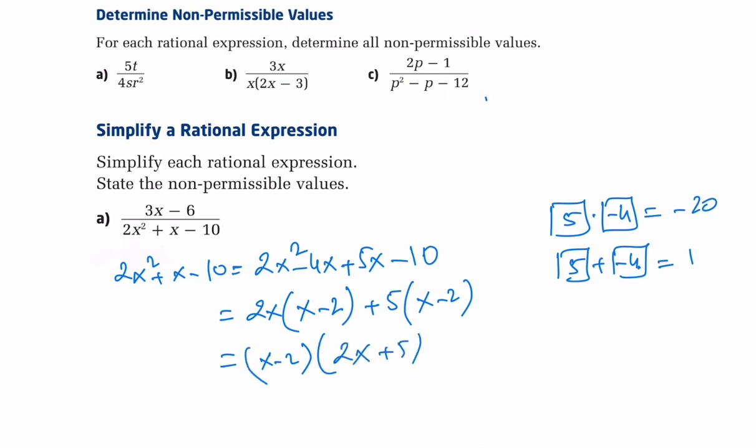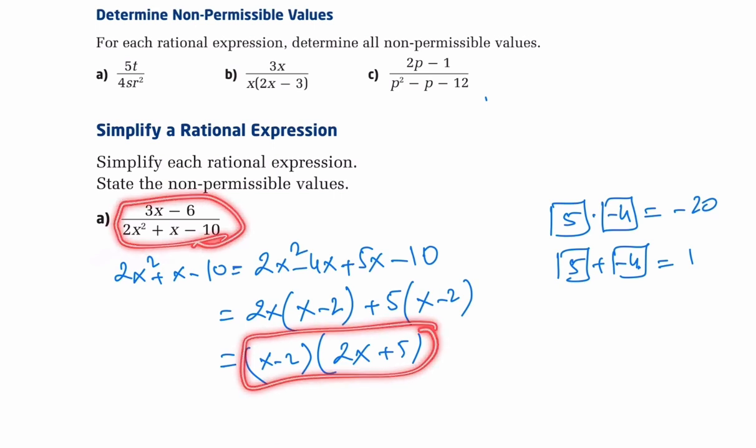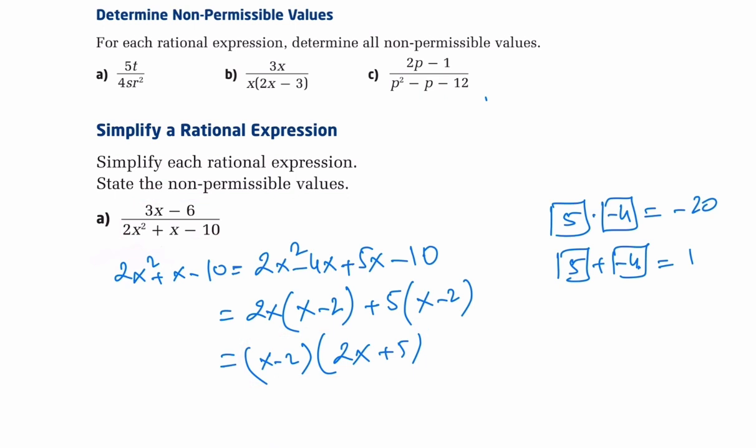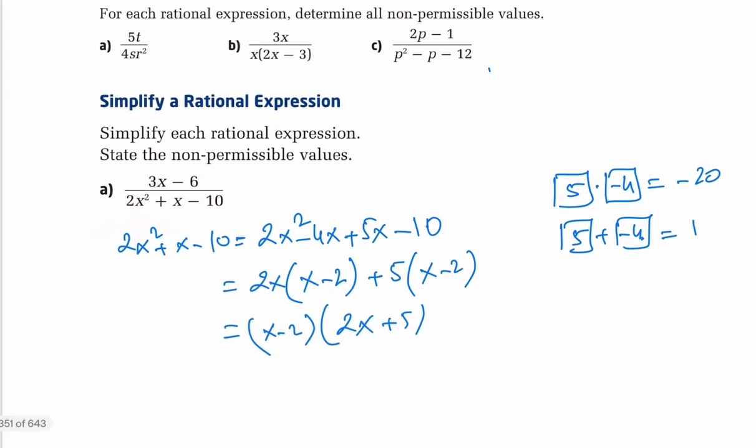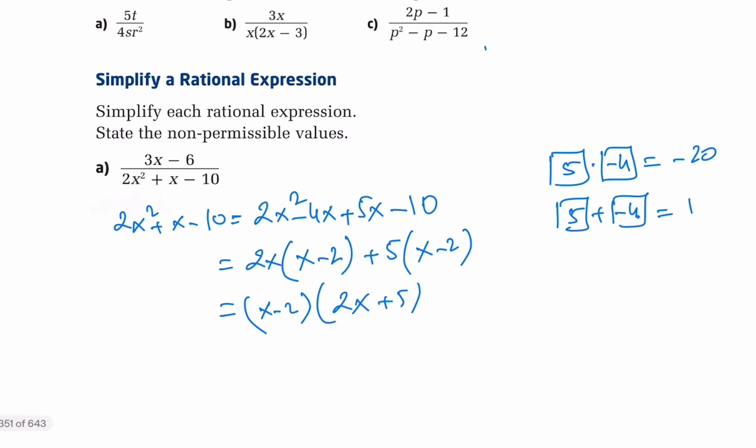So now I can substitute this value in the denominator of my equation and see if I can simplify it. So this expression now will be equal to 3x minus 6 over x minus 2 times 2x plus 5.